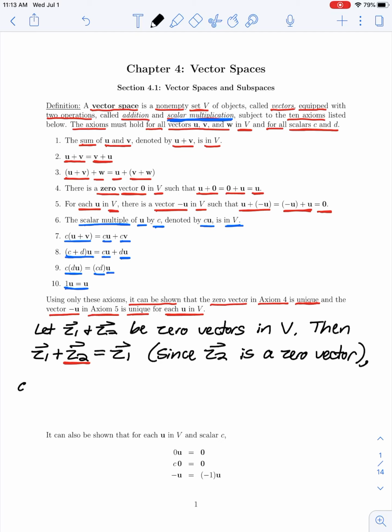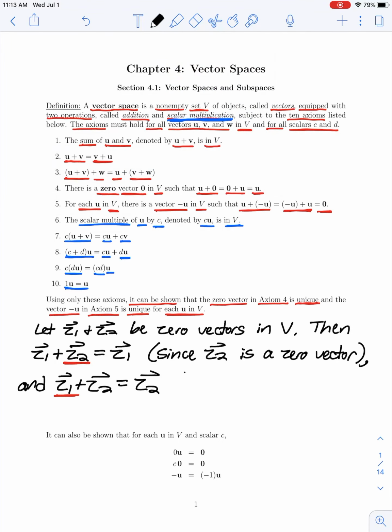And if I were to take the same sum, z1 plus z2, that must also equal z2, because z1 was a zero vector, and by axiom 4, the sum of the zero vector with any other vector in my space must be equal to that other vector, in this case z2.